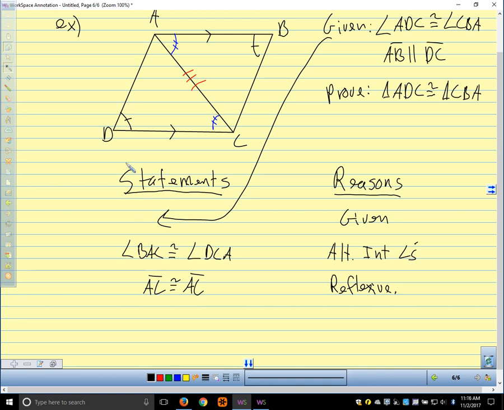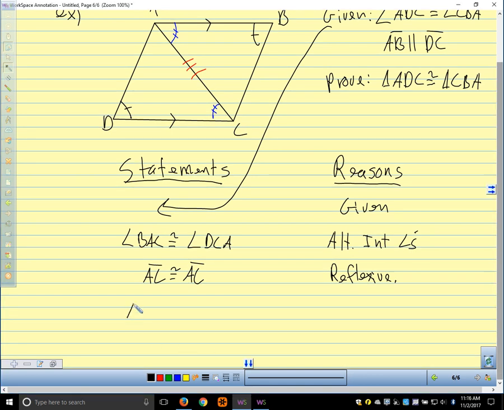Well, now we have angle, angle, side, and angle, angle, side. The 3 tick mark side is next to the 2 tick mark angle. 3 tick mark side next to the 2 tick mark angle. They match up in the right order. So we can say triangle ADC is congruent to triangle CBA, and angle A has to match up with angle C. And that would be angle, angle, side.